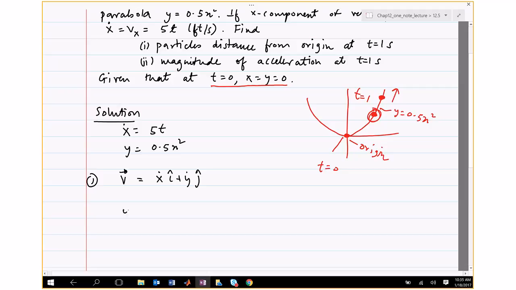y dot is the derivative of 0.5x squared. The derivative of x squared is 2 times x, but this is not just the derivative with respect to x, it is the derivative with respect to time. So I also need to take the derivative of x, which is x dot.